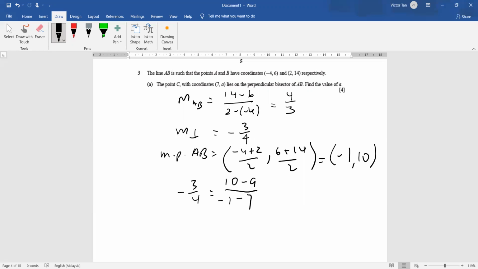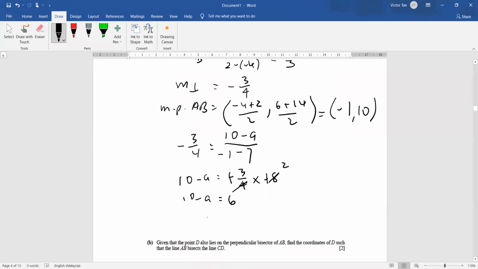So this is minus 8 times 3 over 4. So 10 minus a equals minus 3 over 4 times minus 8, so 10 minus a equals 6. a equals 4. Okay.